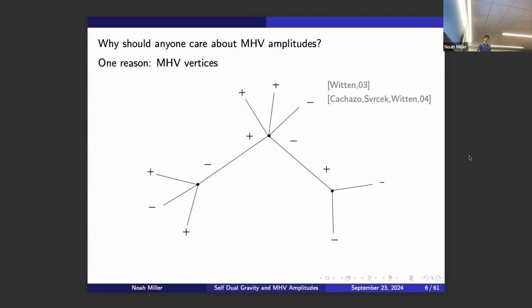But from a more mathematical standpoint, one reason many people are interested in these amplitudes is you can build any arbitrary tree level Yang-Mills amplitude out of them. So this is the so-called MHV vertex formalism. This is extremely non-trivial.